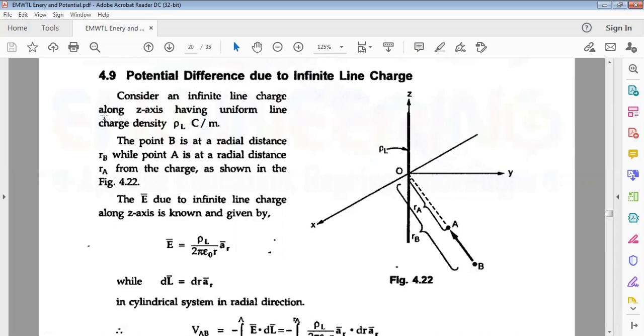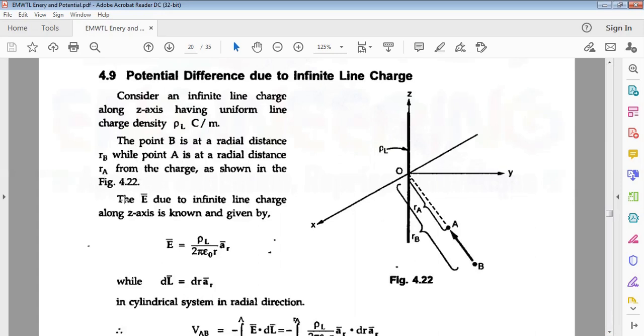Consider the infinite line charge along the z-axis having uniform line charge density rho L. The point B is at the radial distance RB, while the point A is at the radial distance RA. From point B to point A is where we move the charge.